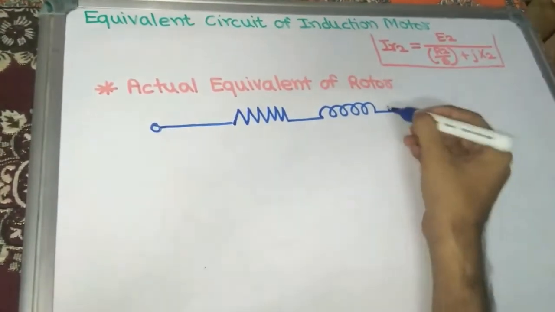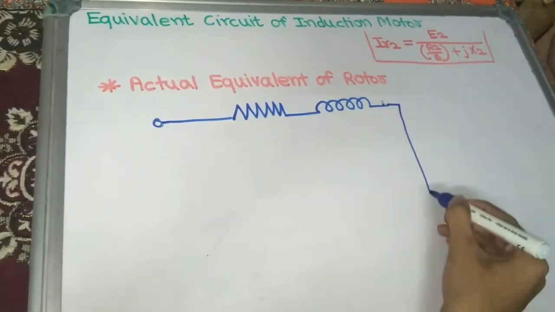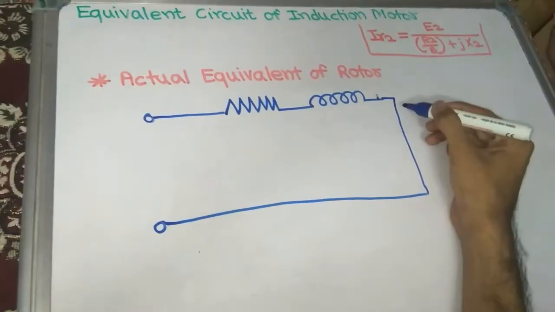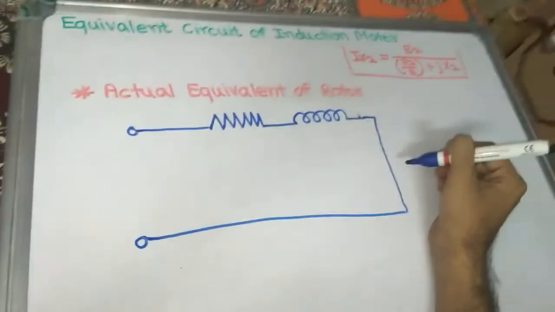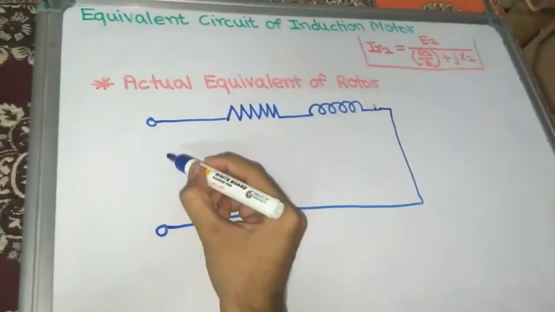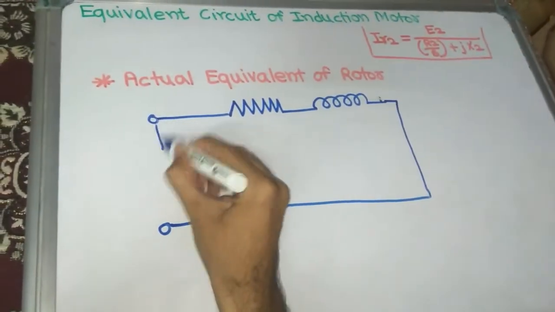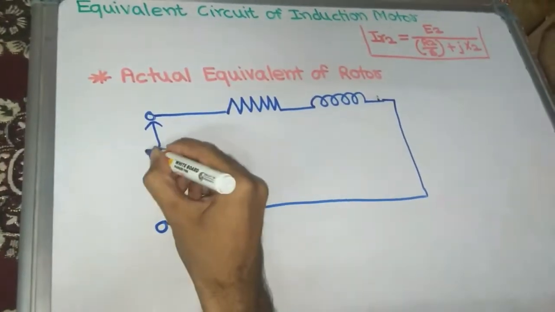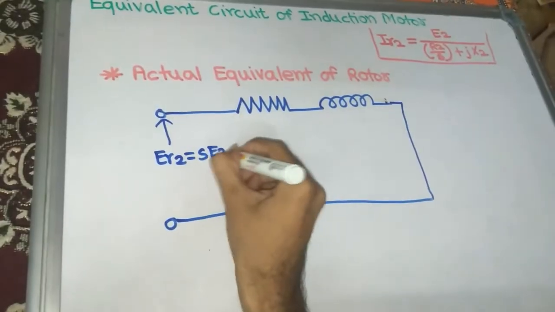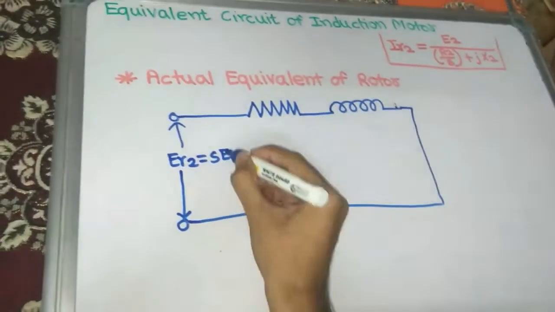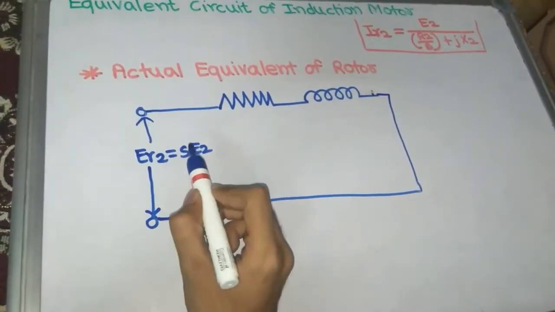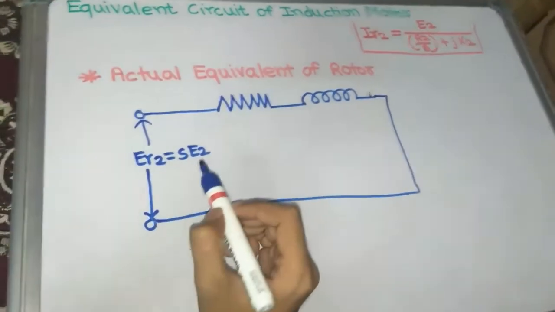No electrical load is connected here, and the rotor is short circuited, so this is the short circuit path. The EMF induced in the rotor comes here first, which is ER2 equal to S into E2, slip times the rotor induced EMF under stationary condition.